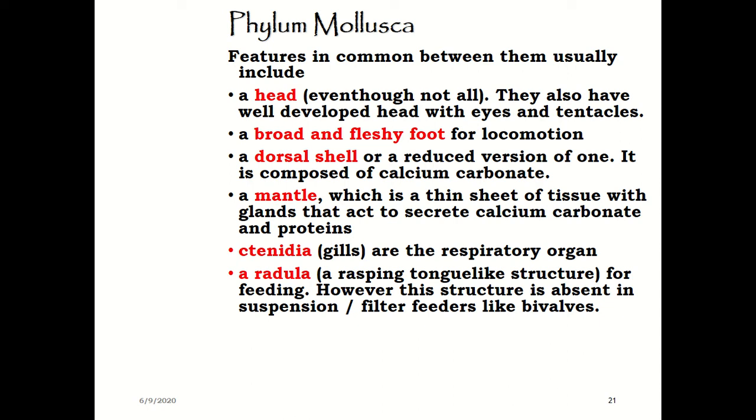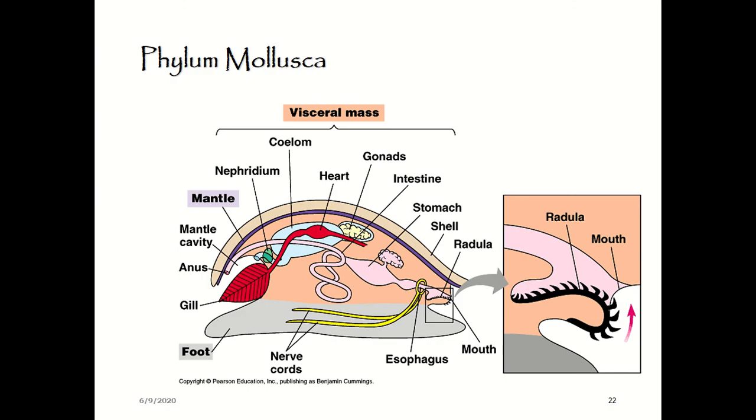They also possess gills, or ctenidia, as a respiratory organ, and they have a radula for feeding.